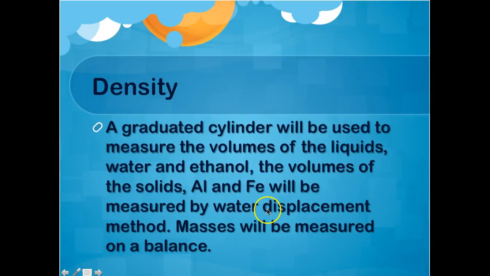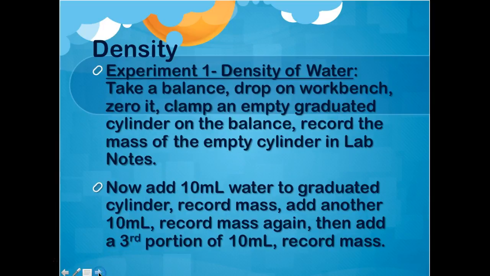That means we'll take a certain amount of water, place a certain amount of that metal into the water, and it will displace its volume, and that's how indirectly we will find out the volume of the metal. The masses will be measured using the balance.